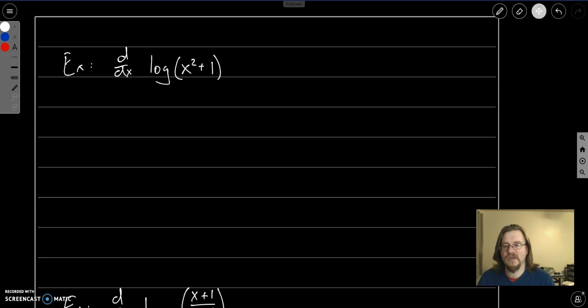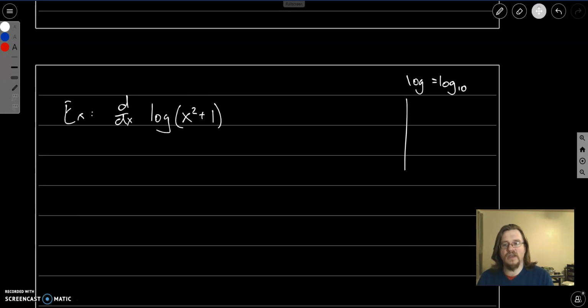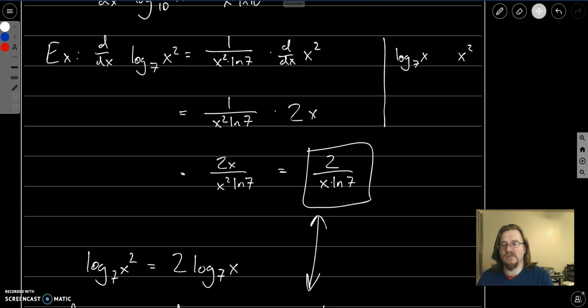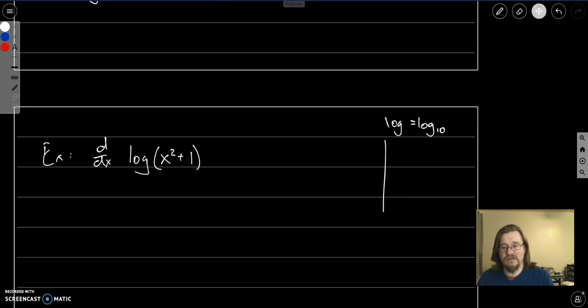Let's look at another one. Let's look at the derivative of log of x squared plus 1. Again, when there's no base here and we just write log, this is going to be log base 10. And furthermore, we have this inside function in here. So a lot like what was up here, where I had just log base 7 of x squared, here I have log base 10 of x squared plus 1. So I've got that extra plus 1 in there.